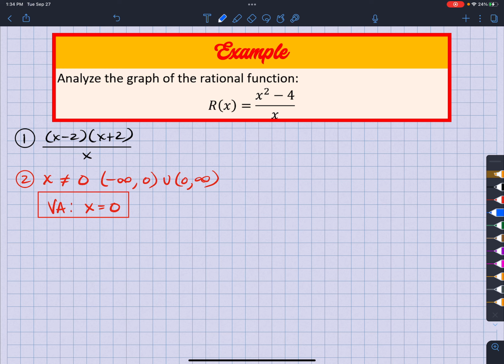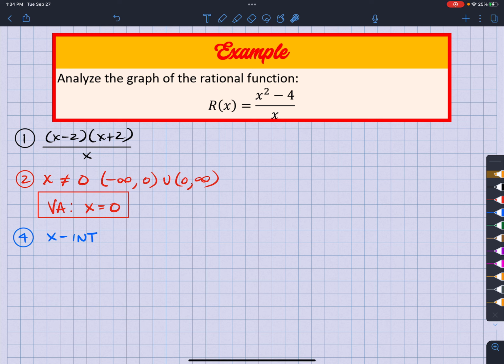Okay, so 4, find the intercepts. Well, the x-intercept is when y is equal to 0. And on a fraction, the fraction is equal to 0 only when the top is equal to 0. So for the x-intercept, I know that y is equal to 0.